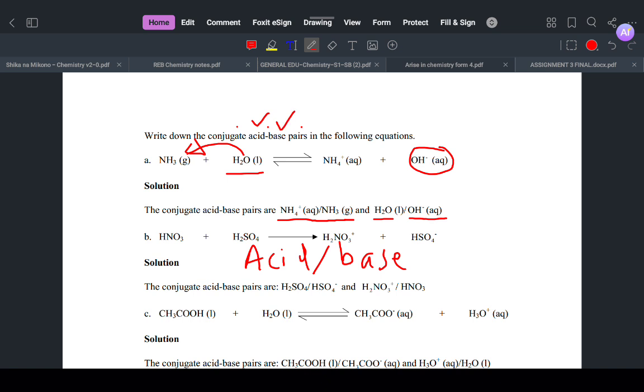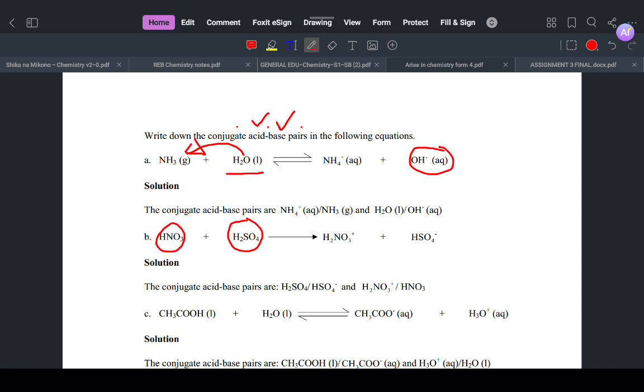Let's look at another case in which we are looking at an acid such as nitric acid. Okay, let's say we have sulfuric acid reacting with nitric acid, again another rare case.